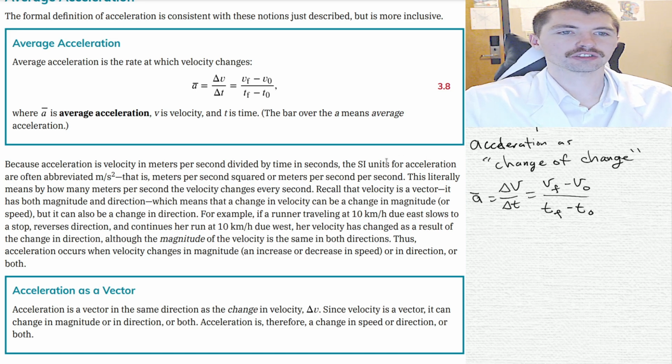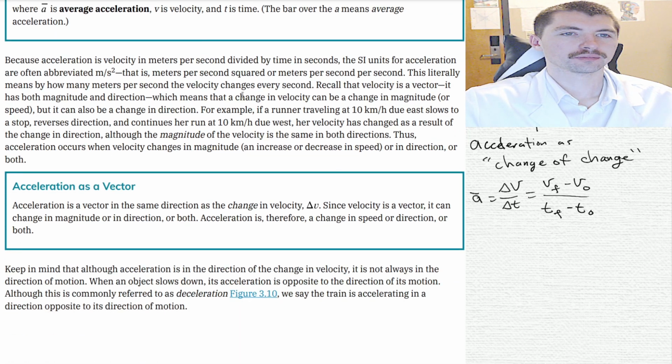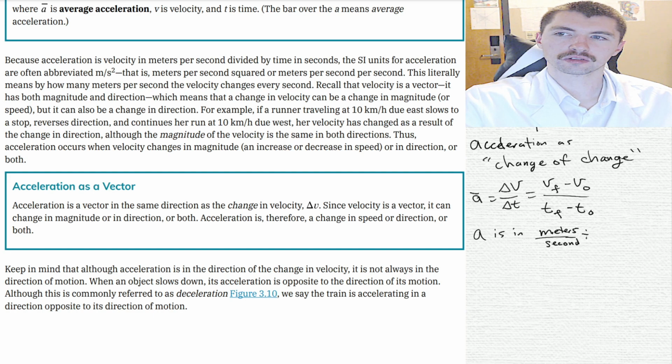A is average acceleration. So A is in meters per second divided by time in seconds.